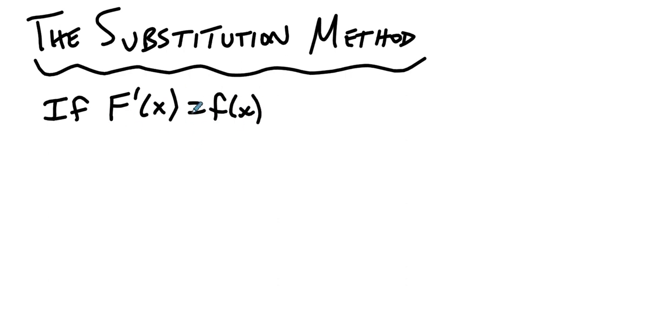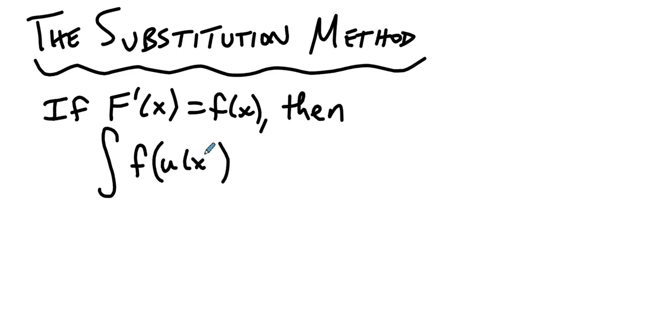Notice that this means that capital F is an antiderivative of little f. Then, if we have an integral, and the integral has little f, but it's not just little f, it's little f at some function. So it's not x squared, it's something squared.